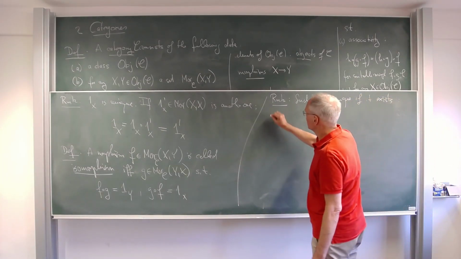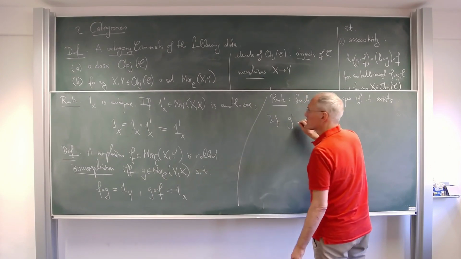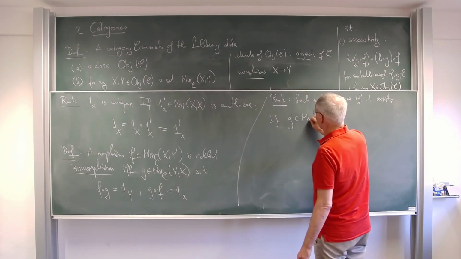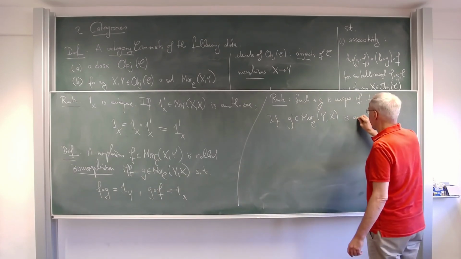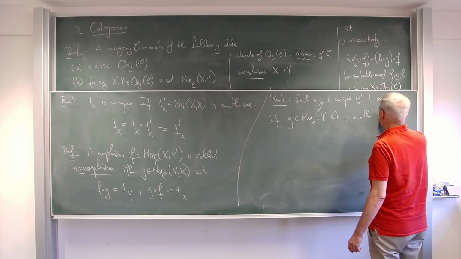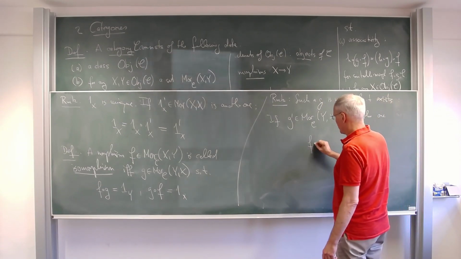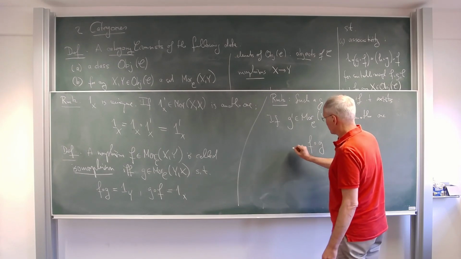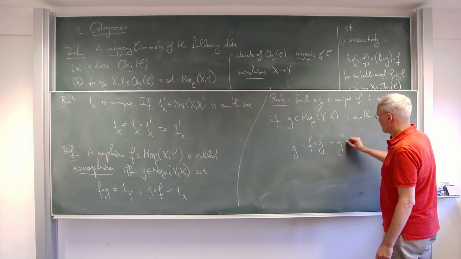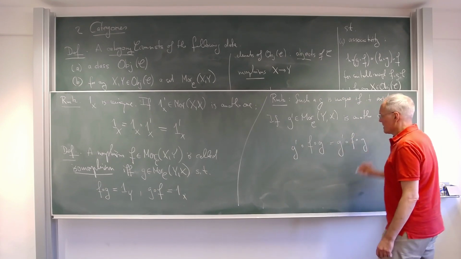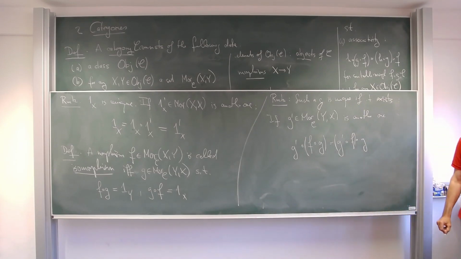So if g prime in the morphisms from y to x is another one, we look at g composed with f composed with g prime. Now we have to put parentheses, but it doesn't matter which way we do it because of associativity.